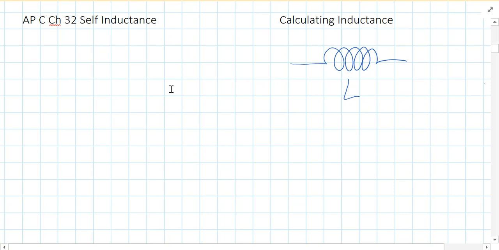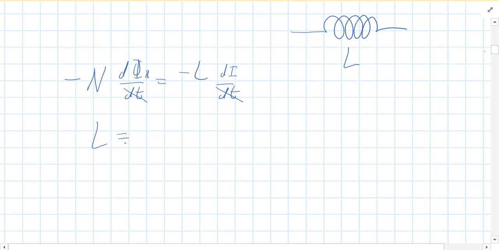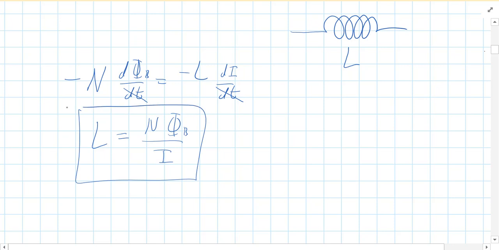You say negative N d magnetic flux dt equals negative L di dt. Now you notice the dt's cancel, and if you solve for L, the negatives drop out too. You get L equals N times, now instead of saying d flux and di, we're just going to say flux over current. So that's the way to calculate inductance.